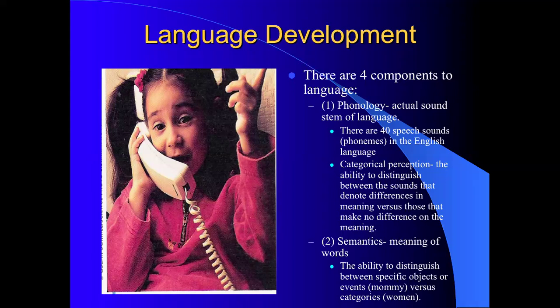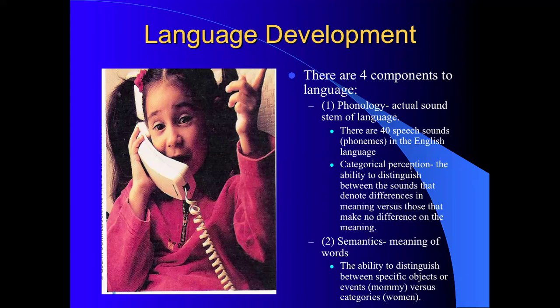So in English, there are 40 distinct speech sounds. There are sounds in other languages that we don't use in English. For example, the rolling R in Spanish, carro, right? Or the guttural h sound in the Semitic languages of Hebrew and Arabic, right?